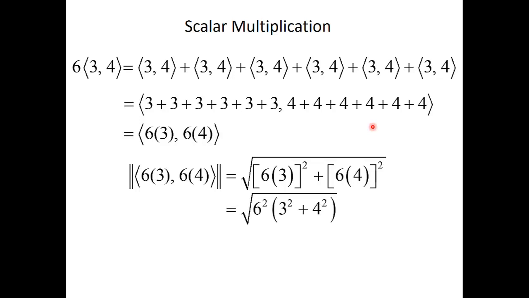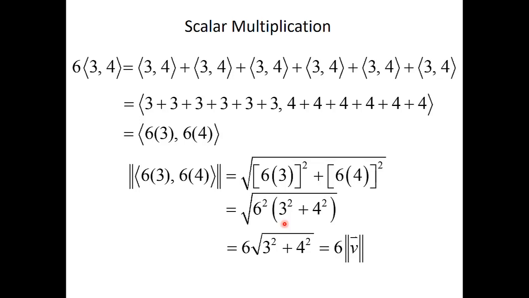And notice I could factor out a 6 squared because there's a 6 squared here and here, and then I take the square root of 6 squared and I just get 6. So it's just like I'm taking 6 times the magnitude of the vector. So if we multiply a vector by a scalar, it's like multiplying the magnitude by that scalar. So 6 times v, the magnitude is going to be 6 times the magnitude of v.